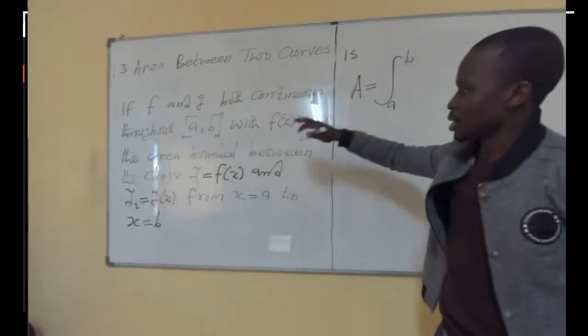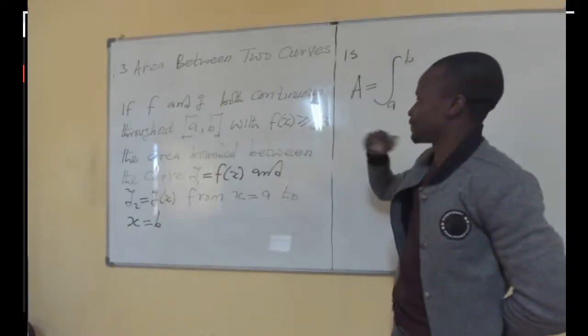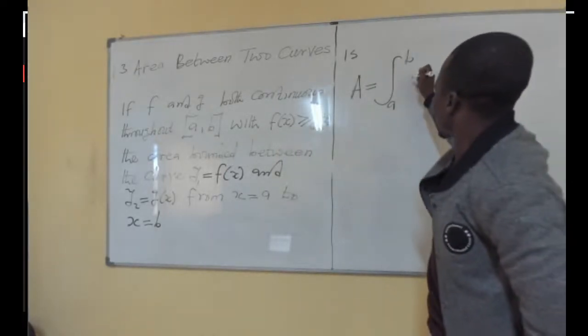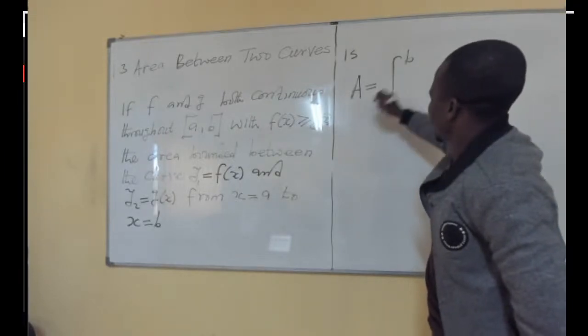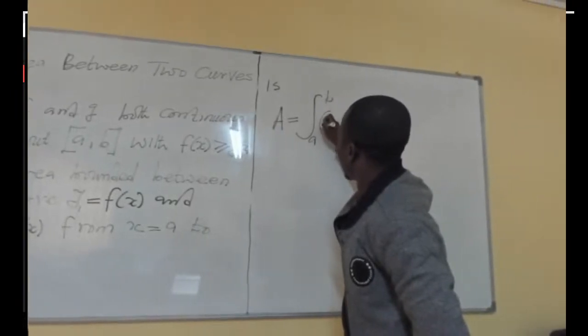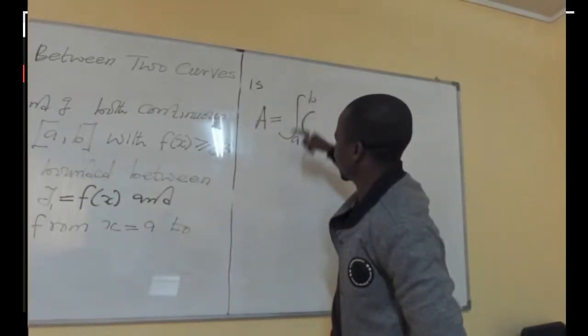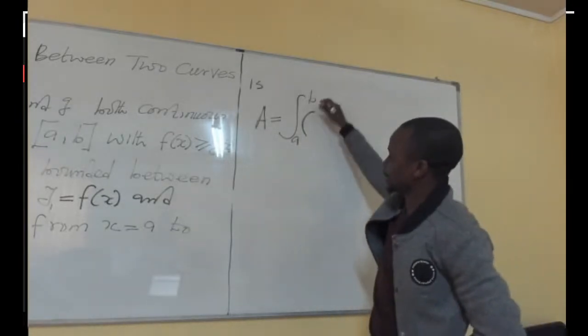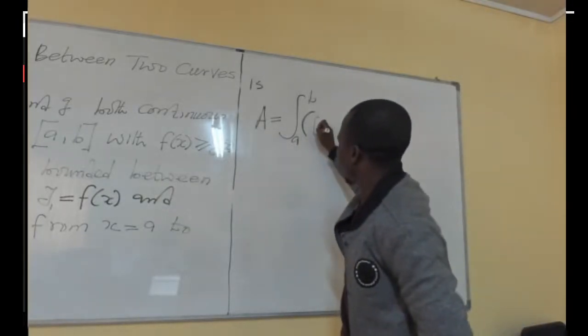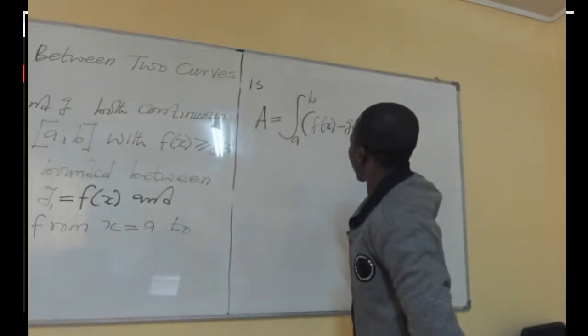Now, the function f of x is always greater than the function g of x. So the area bounded from point A to B is equal to the integral from A to B of f of x minus g of x.